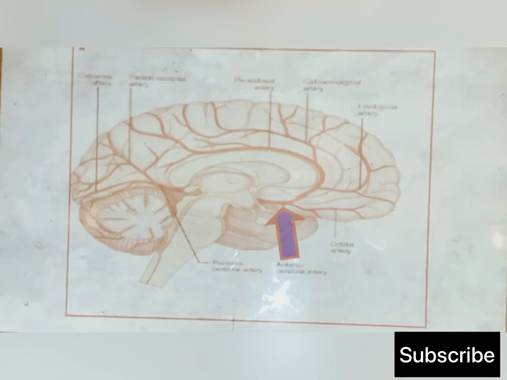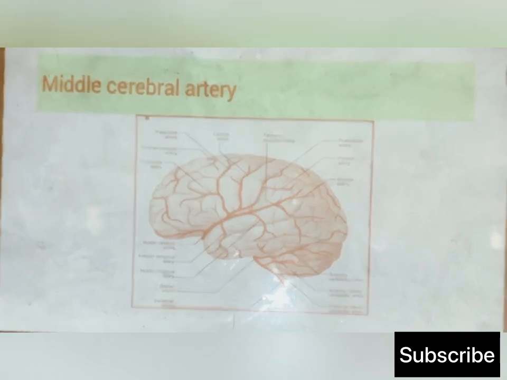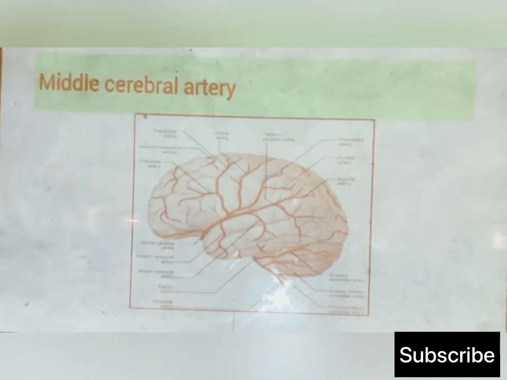Now this is just to show you the branches of the anterior and posterior cerebral arteries and the branches supplying the cerebellum, which I've already discussed. This is the superior lateral surface. These are the branches of the middle cerebral artery supplying one of the cerebral hemispheres.